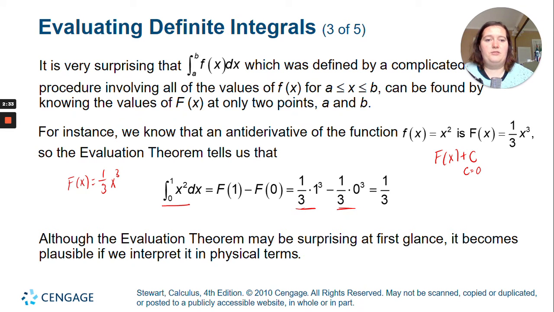Now what that means is, if you think about the graph of x squared, it looks something like this. Here's my x-axis, here's my y-axis, there's 0, and let's say that 1 is right here. Then I know that the area below the curve from 0 to 1 is equal to 1/3.